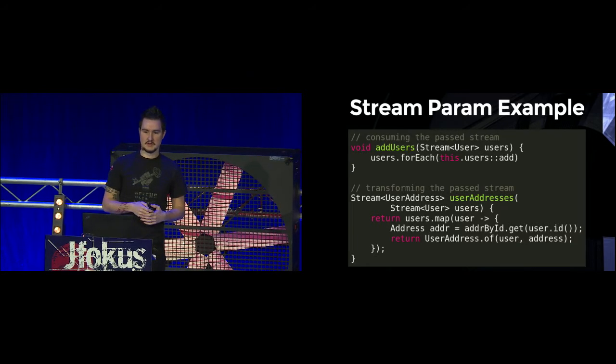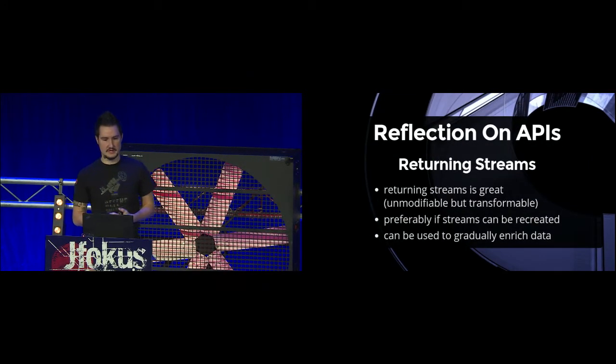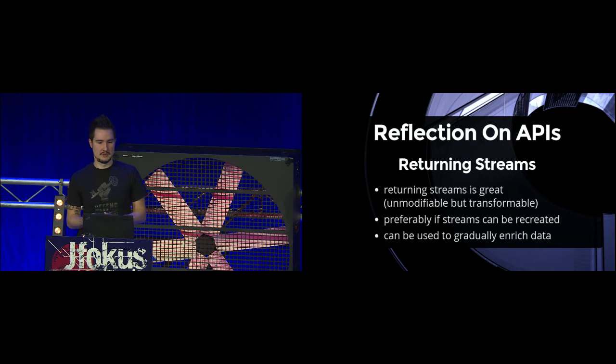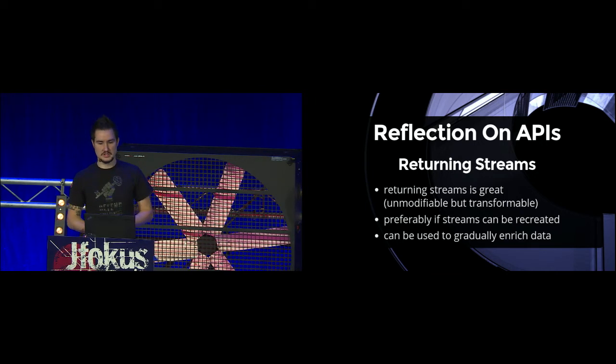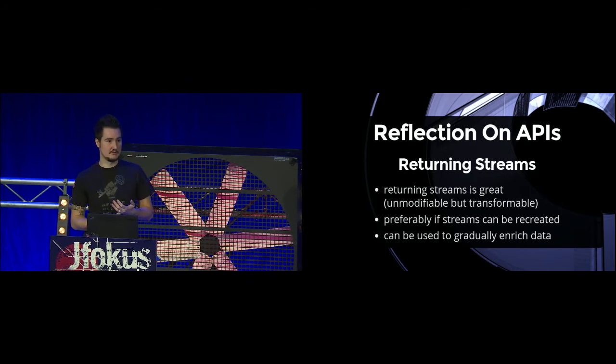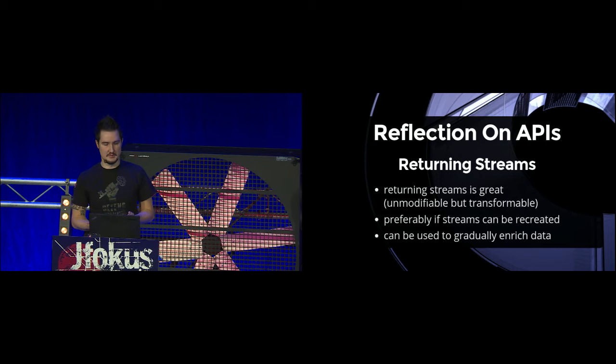So I think looking back over using streams here, I would say that returning streams is great. I can only recommend that, trying to slice things in more detailed layers, which allow you to add information gradually. And the fact that they're unmodifiable is really a boon here. I try to implement as many things as possible immutably, or otherwise in a way that I can control who modifies, especially collections.